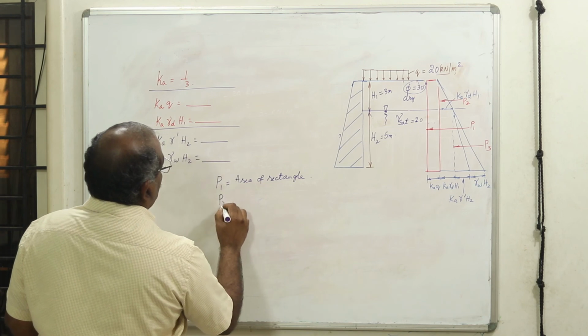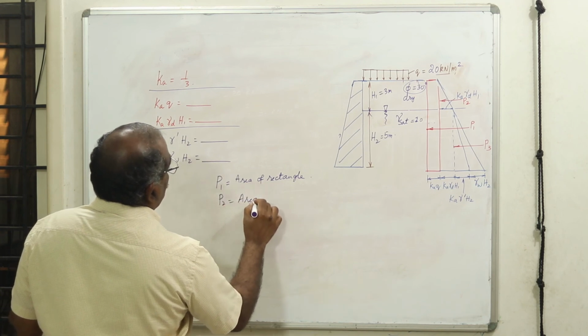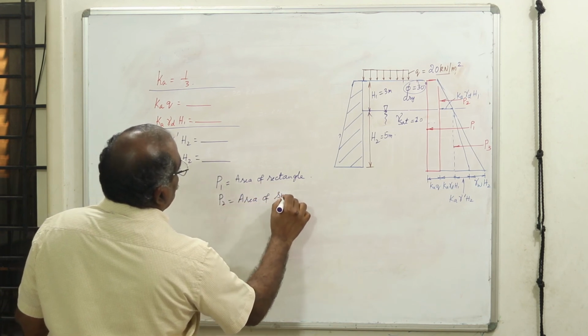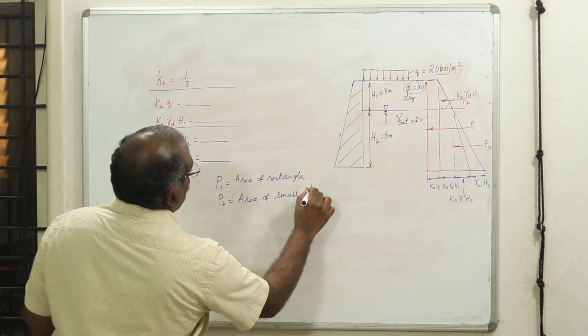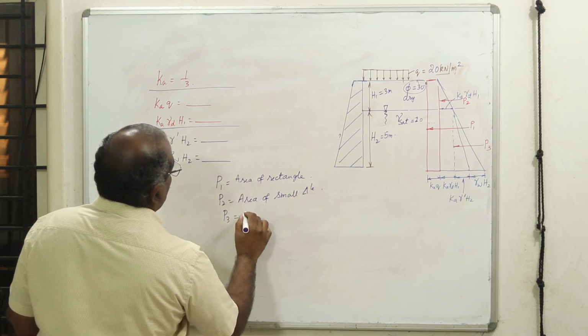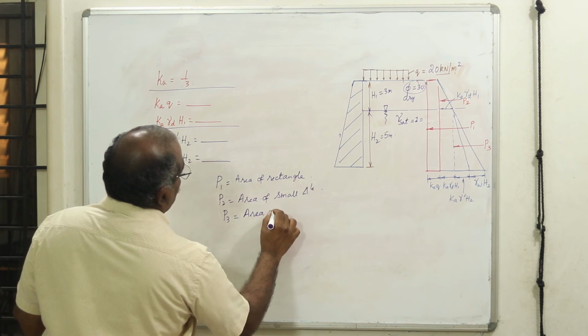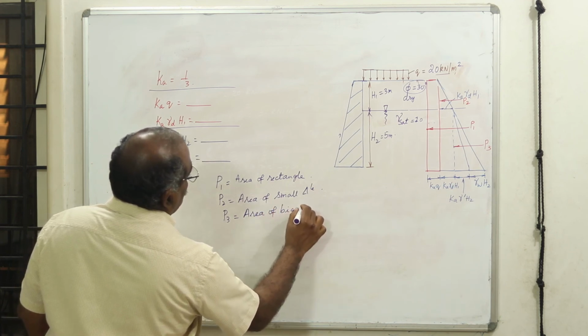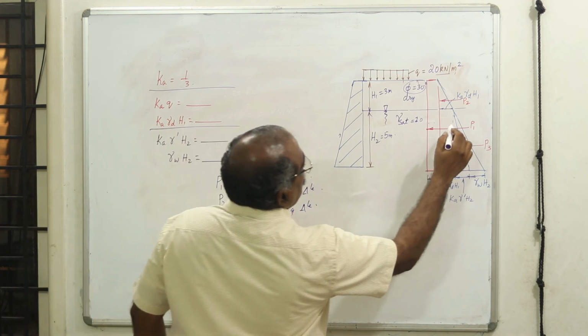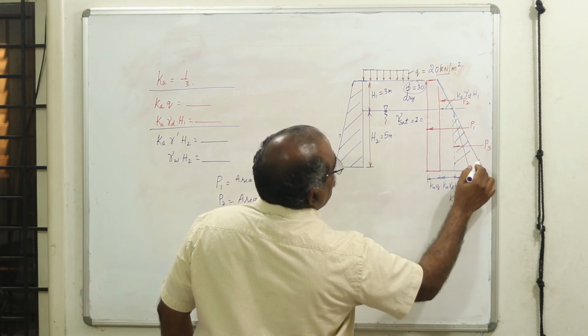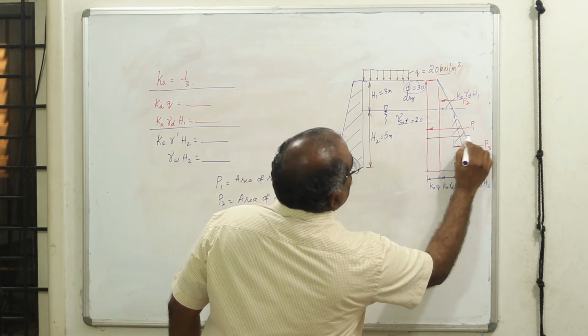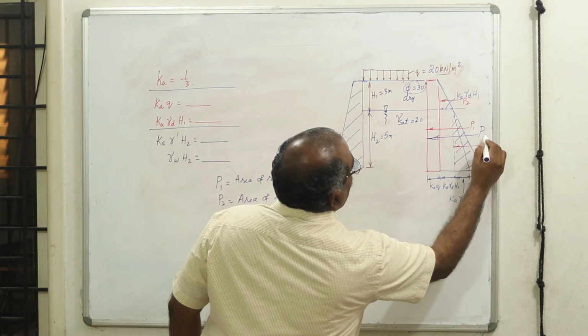Then P2, area of small triangle, sorry. Then P3 is area of big triangle. This one, this area.